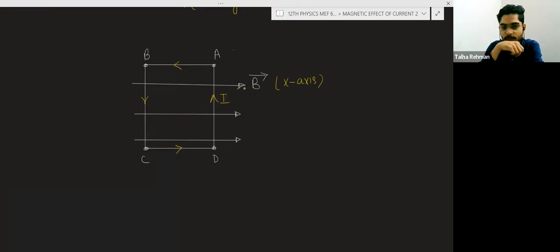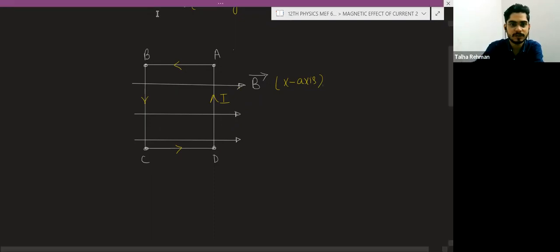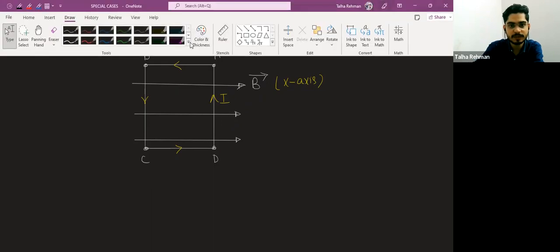Your magnetic moment will be along the z-axis, which means it is perpendicular to the magnetic field. So I am drawing it.